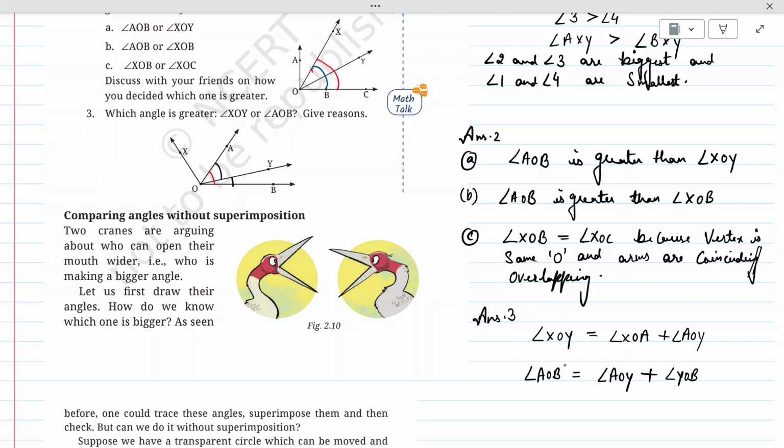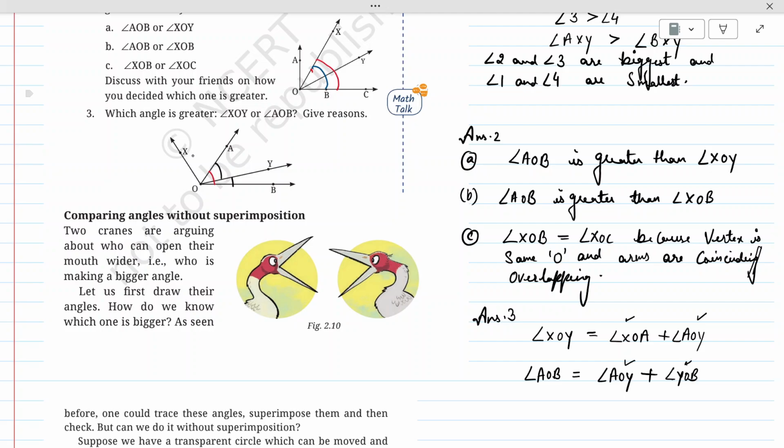Okay, so if I see these two angles, we have AOY here and AOY here also. That means AOY is the same in these two angles which we are comparing. Now we are left with XOA and YOB. Whichever is more, the corresponding angle will be more, because the other angle is the same anyway. So let us see what XOA is.